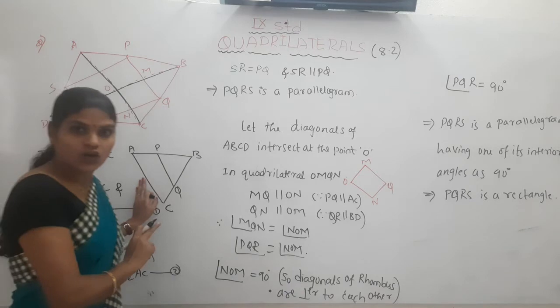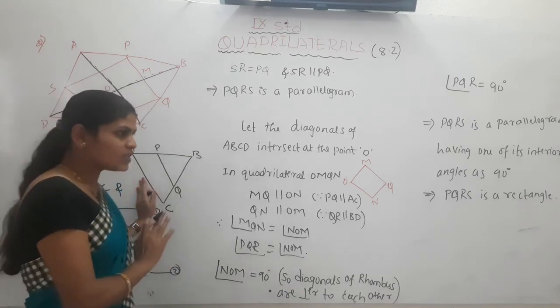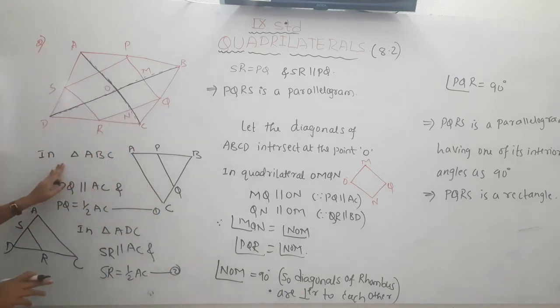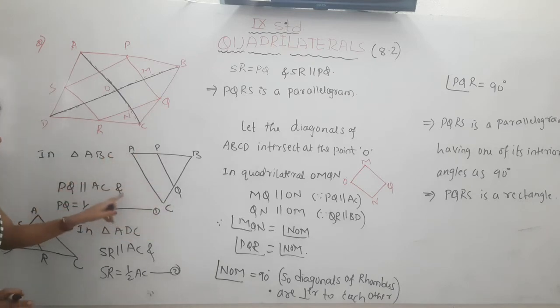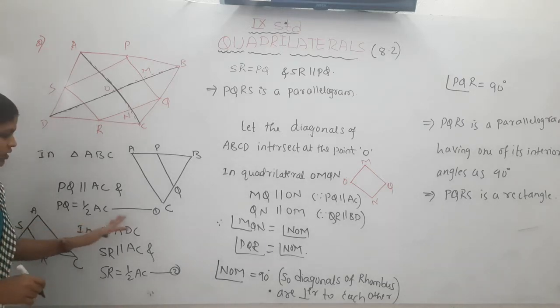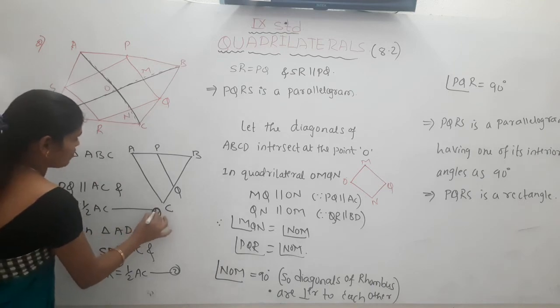It is the midpoint theorem, which we have already studied. By using the midpoint theorem, PQ is parallel to AC, and the length PQ is half of the length of the side AC. Give this equation as 1.